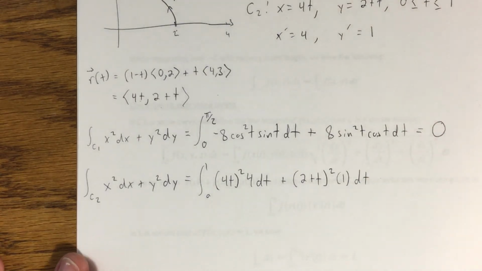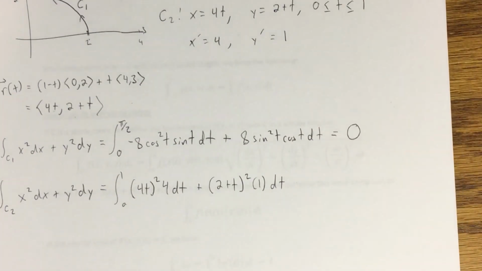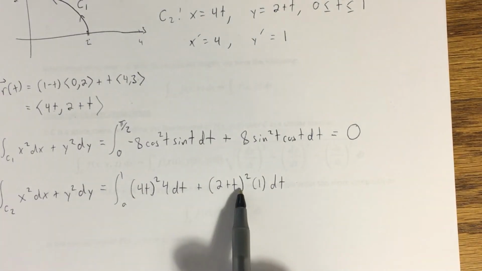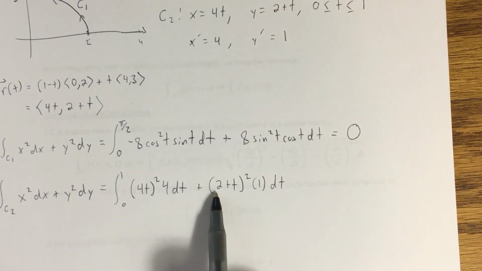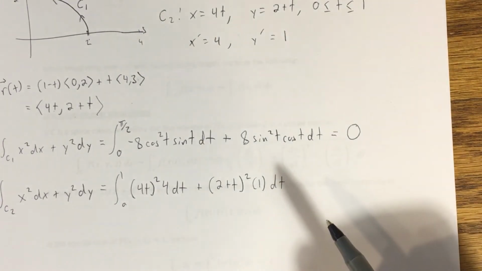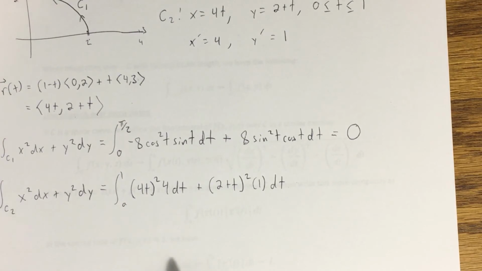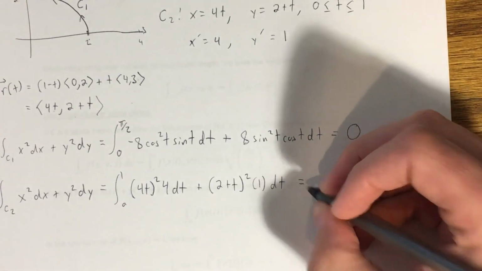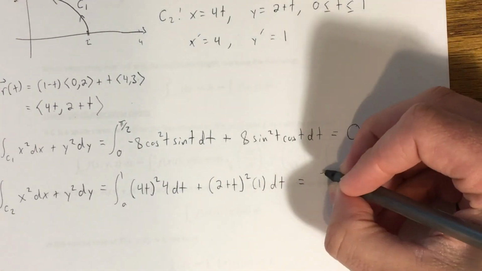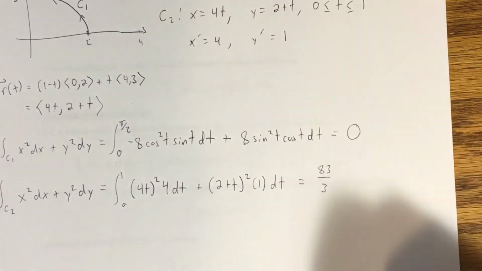dt. Okay, again, this, if you expand everything out, is just a polynomial, and it's not a very difficult polynomial to work with. Those are the easiest things to integrate, so I'm not going to use the time to walk through step-by-step integration with a polynomial. This one, once you integrate, comes out to 83 thirds in the end.